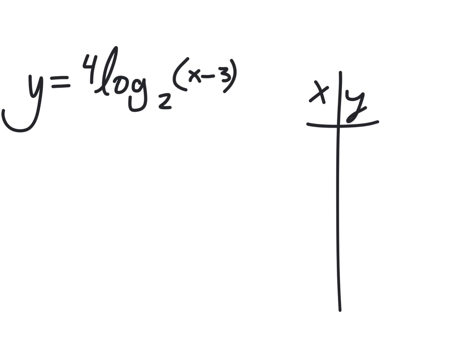Sophia, can you start us off with the asymptote? It is 3, because it makes that argument part 0.